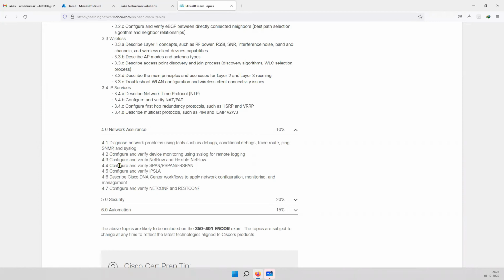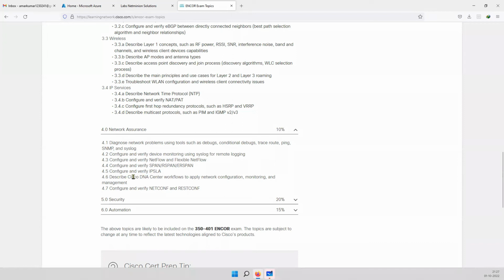Okay. So here we will discuss debugs. What are the conditional debugs you can put? What are traceroute, ping, SNMP, syslog? Okay. What is NetFlow? Okay. What is remote login? What is SPAN, RSPAN or ERSPAN? We will talk about IP SLA, which is tracking of the services.